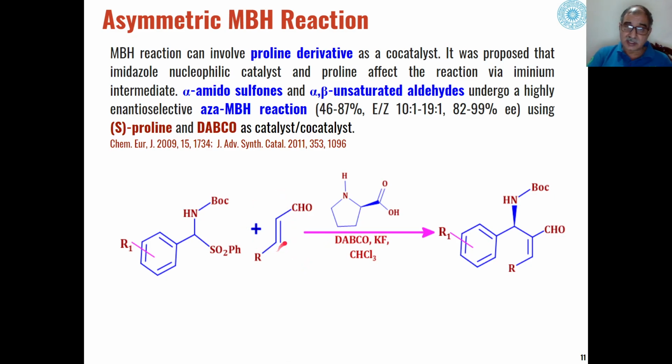When these are reacted in the presence of these types of substituted alpha beta unsaturated aldehydes and alpha-amidosulfones, they will give us these types of aza-MBH reactions, where we will get selective products, and the selectivity of this product formation, that is E to Z ratio, ranges from 10 to 1, that is, E product is formed 10 times to Z form, up to 19 to 1, depending upon the values for this R and R1. Similarly, enantiomeric excess of the products formed will range from 82 to 99%. So the products formed are highly enantioselective.